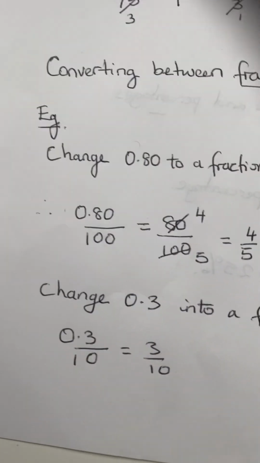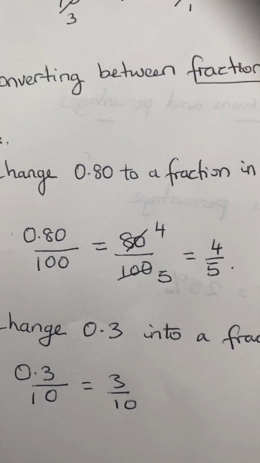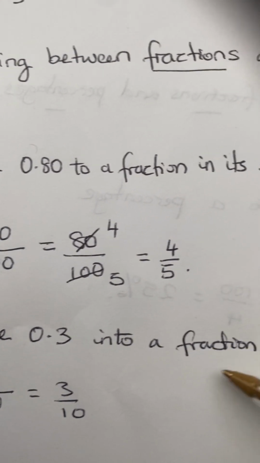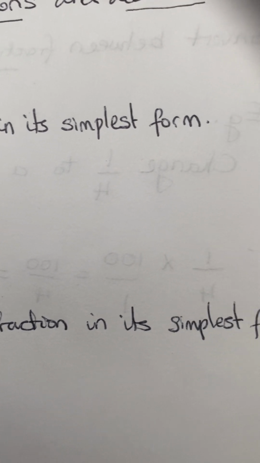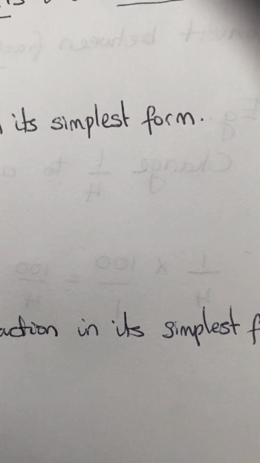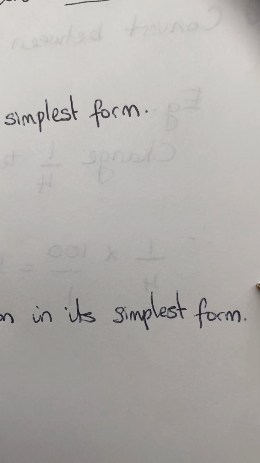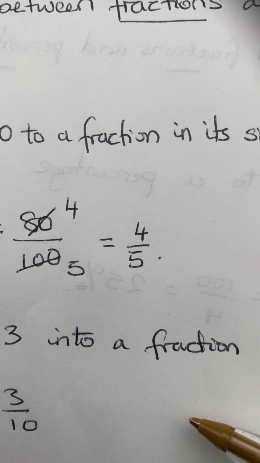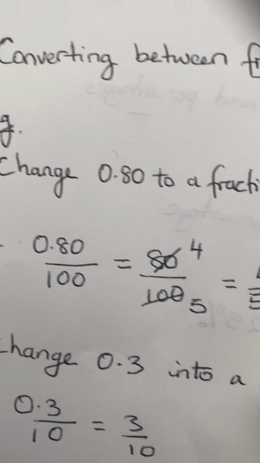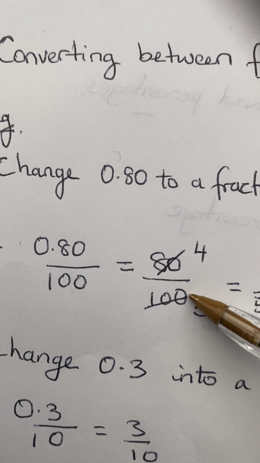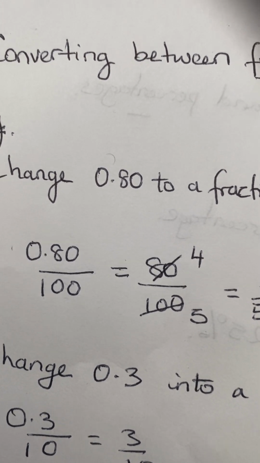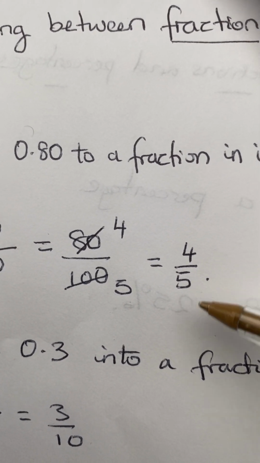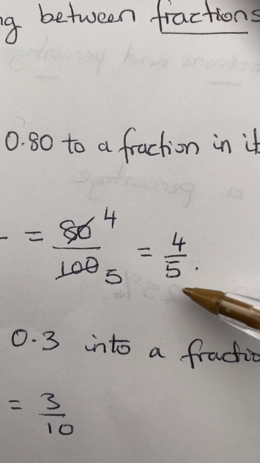Okay, now let's look at the next example. Change 0.3 into a fraction in its simplest form. Here again, your answer should be in the simplest form. An advantage of putting answers in simplest form is that 80 over 100 is very bulky in the next question, but 4 over 5 is easier, assuming it's a non-calculator paper.